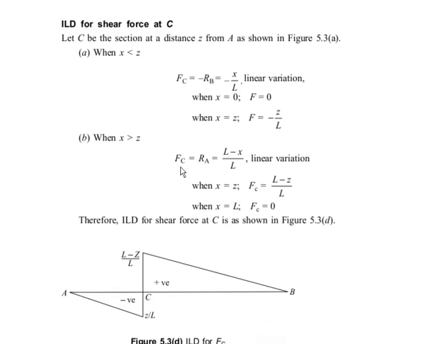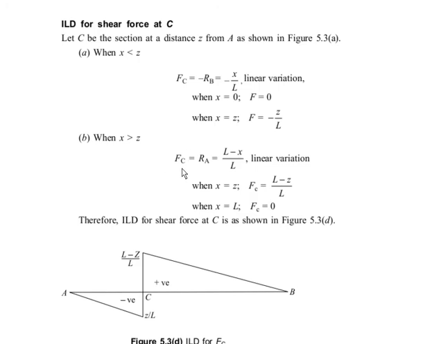You can once again take the shear force from either side. If you take it from the left side, shear force at C is equal to RA. Or if you take it from the right side, the shear force at C will be equal to 1 minus RB.